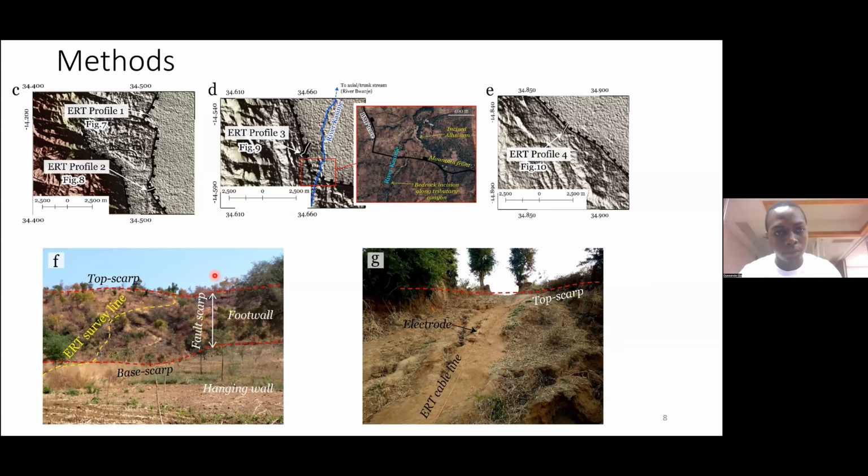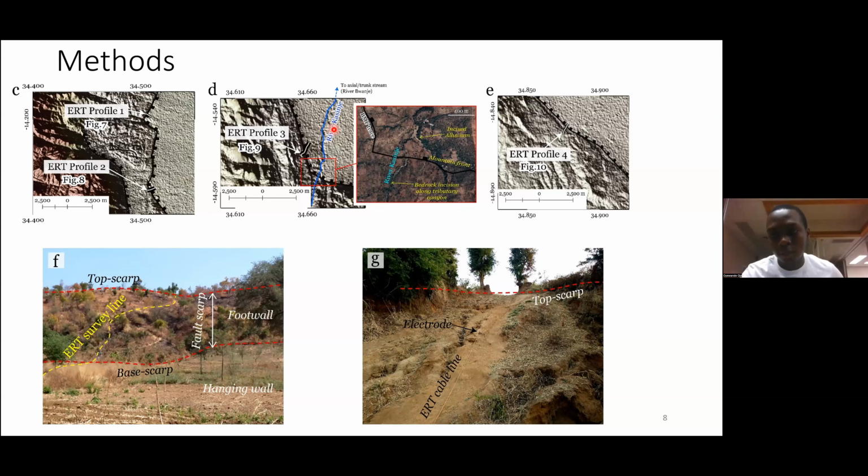We also wanted to see an image of the fault itself, the orientation of the fault, the dip, and so on. So we had to collect electrical resistivity. So we had profiles perpendicular to the fault for the imaging. And in this figure, we are showing how the river cuts into the mountain front.